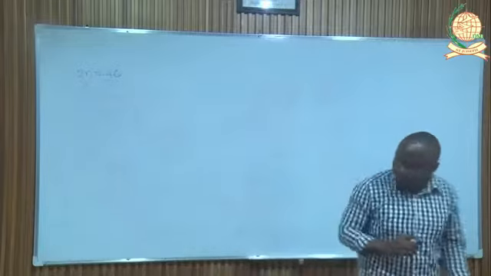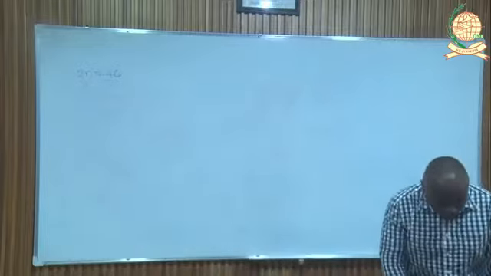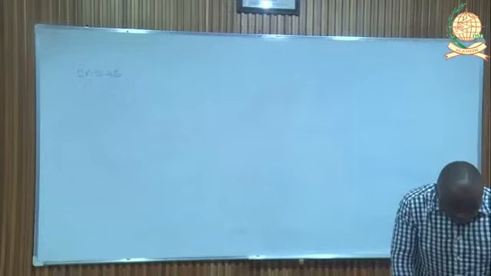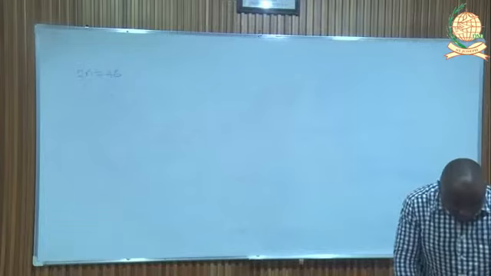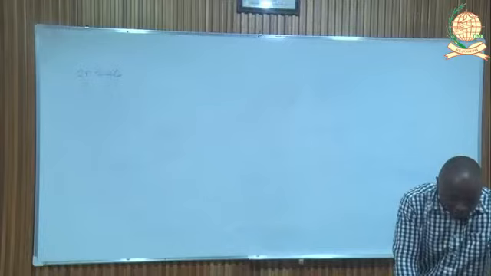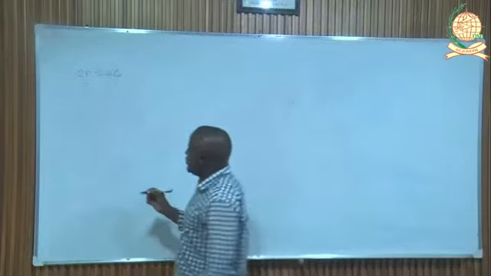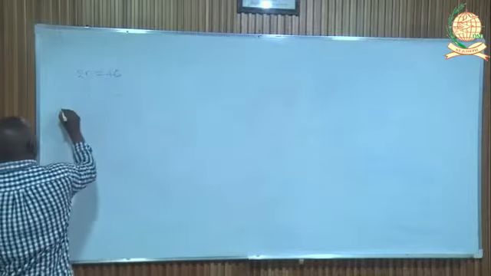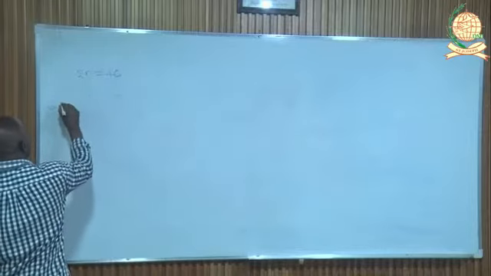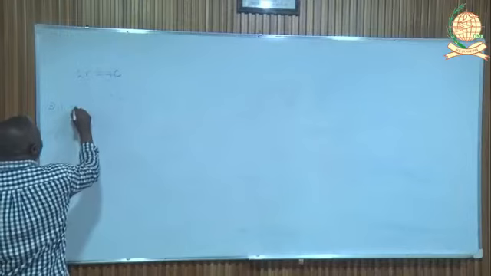Then after you have the value of n, the question says calculate the number of ploid in the following. Roman 1, spermatogonia.